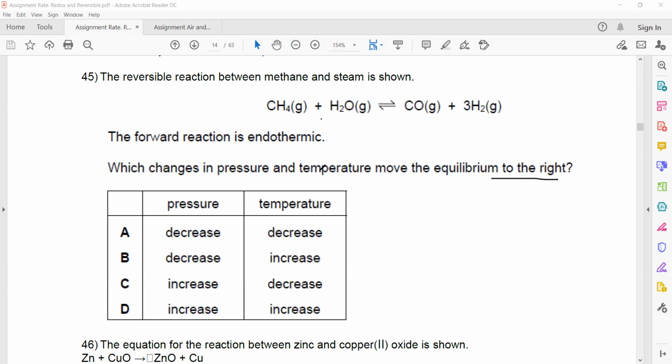So you should decrease the pressure because 2 moles of reactant and 4 moles of product. So decrease the pressure, and the forward reaction is endothermic. So increase the temperature. So B is the right answer.